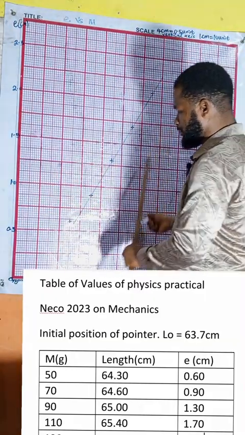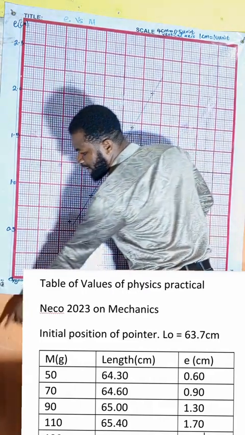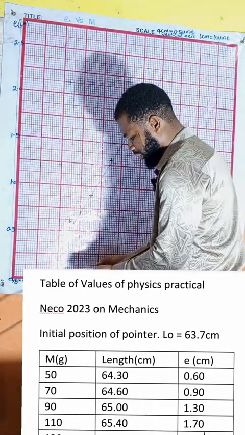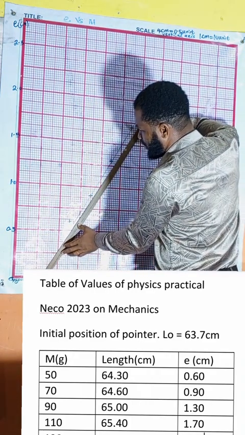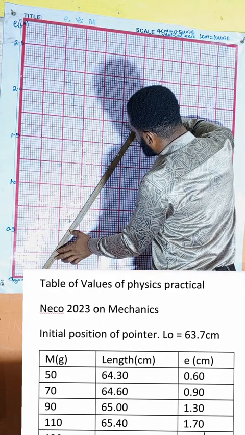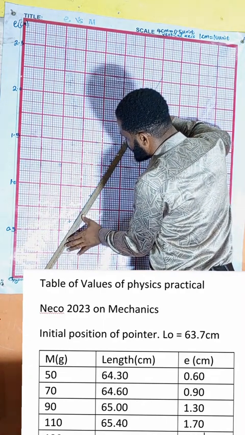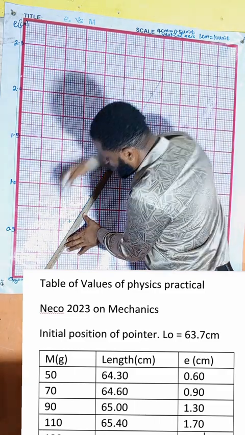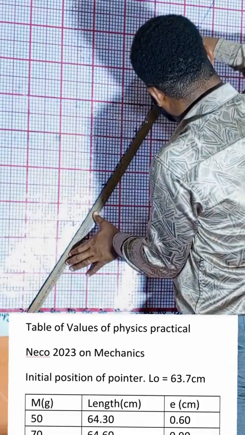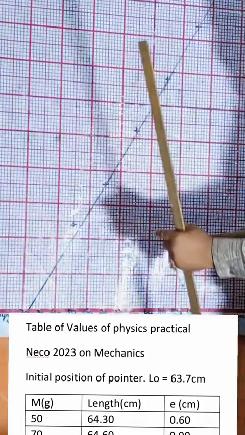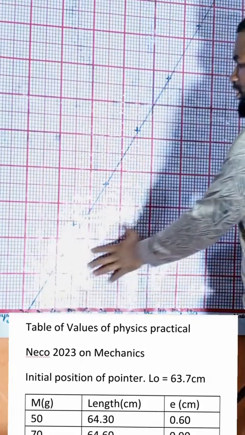So if I want to extend this line, because this graph is targeting a negative intercept, which is perfect and correct based on what the practical gave me. So this is what my graph gave me.